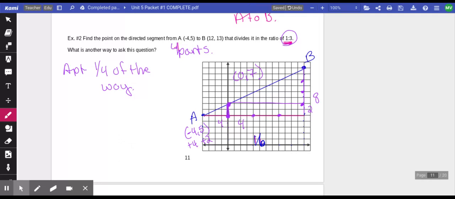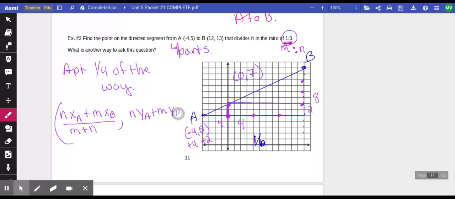So the formula is, if I want the point between A and B, I'm going to call the ratio M to N. So I would do N times XA plus M times XB over M plus N. That's how I find my X coordinate, comma, N times YA plus M times YB over M plus N.